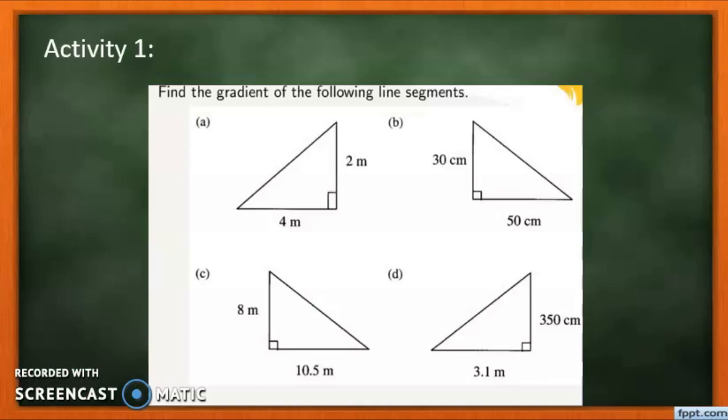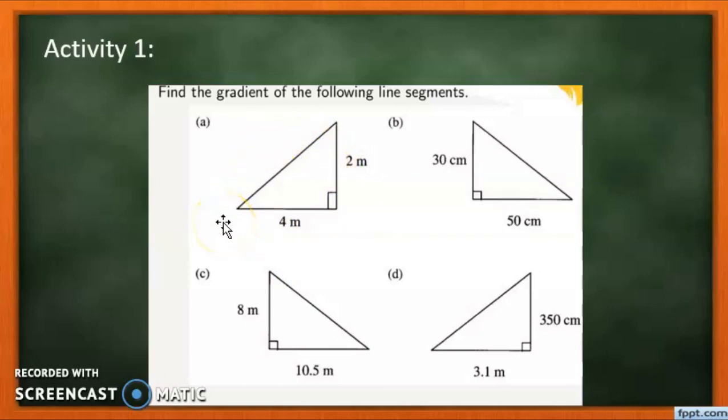Activity 1: find the gradient of the following line segments. Here we have A, B, C, and D, and all of them are triangles. If you notice, you could use your triangle method to find the gradient, or you could use rise and run.